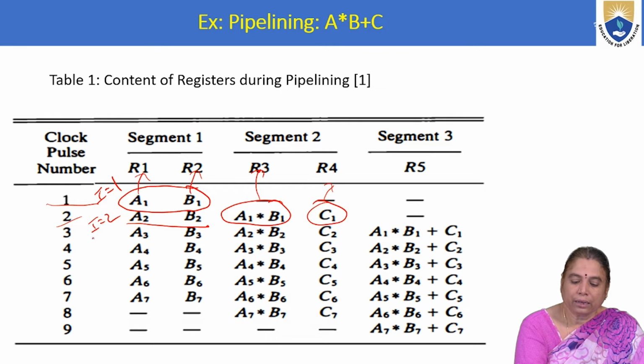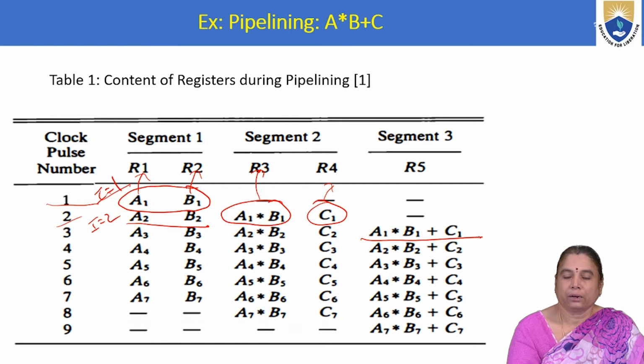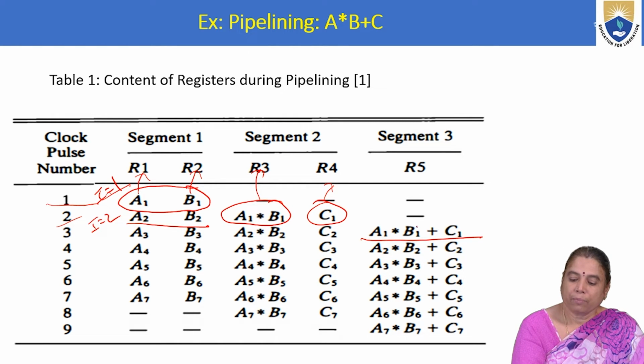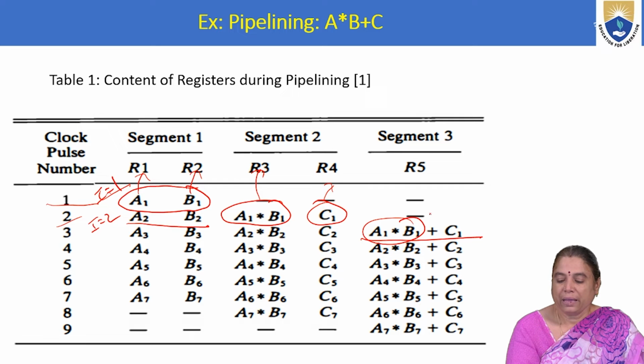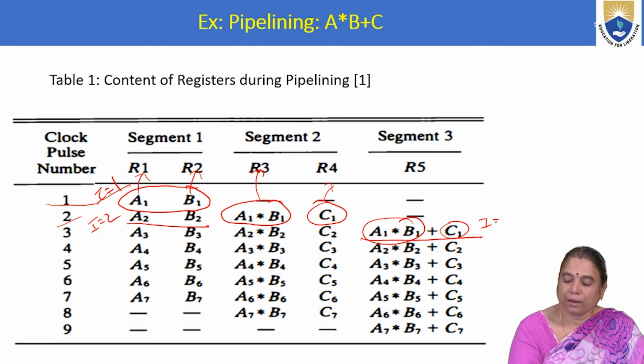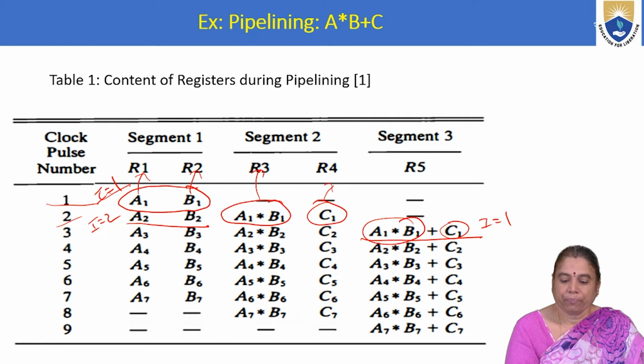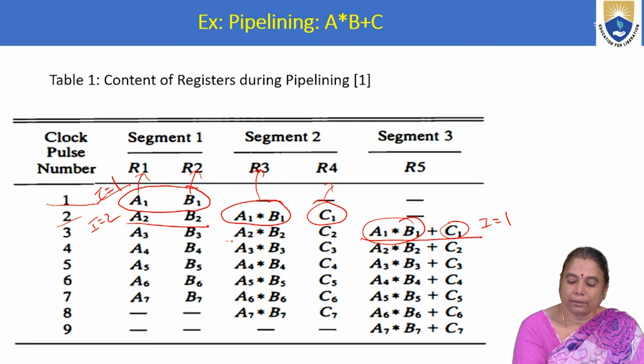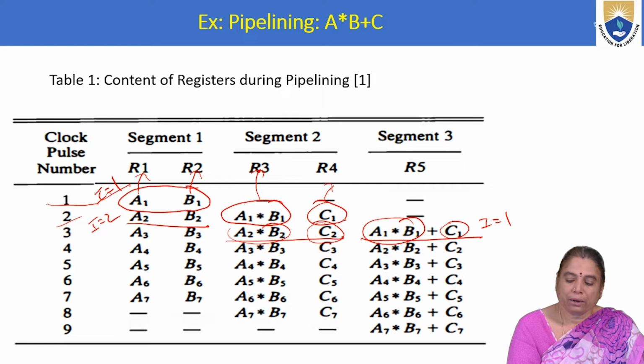During the next clock tick, the I value 1 instructions can be moved to the third segment. There the product can be added to the third value. So that I value 1 computational task can be completed here at clock 3. And here the second values can be moved to segment 2. The product can be identified and parallelly the third value can be stored to the particular register.